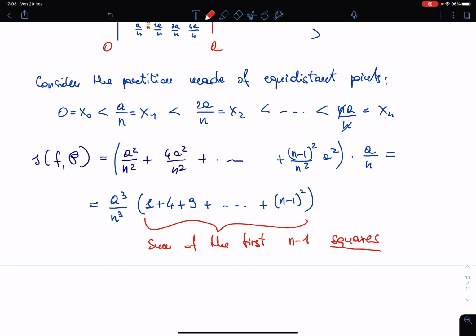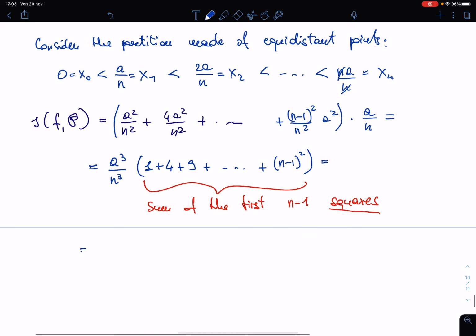Okay, so this is equal to a cubed over n cubed, sum for j going from 1 up to n minus 1 of j squared.